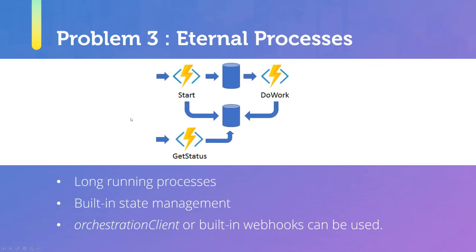So the other scenario that we've got to talk about is the eternal process scenario, where you have an orchestrator client that is going to run forever. The state of the orchestrator is always being snapshotted, right? So it doesn't need to die. The orchestrator can keep working forever because when it is waiting for something, the orchestrator itself is not running.